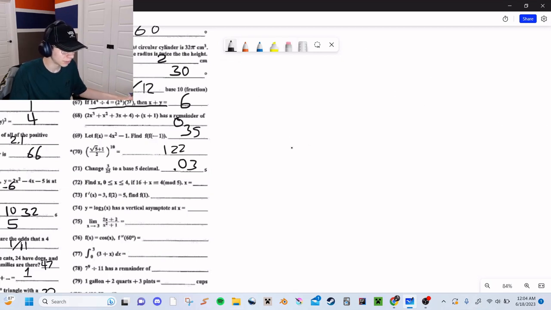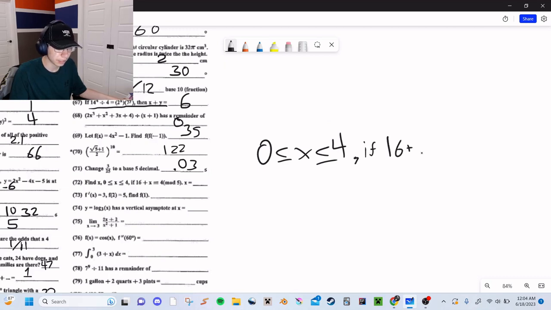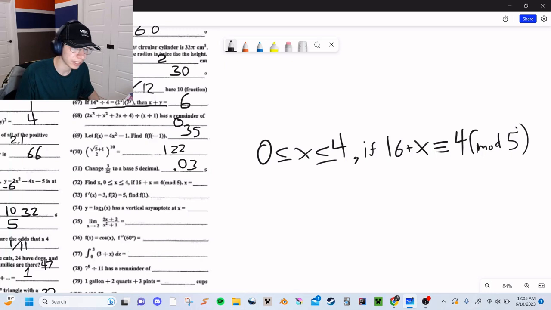Okay, 72. So find x if x is in between 0 and 4 inclusive, if 16 plus x, these are 3 lines here, meaning 16 plus x has a remainder of 4 mod 5. Okay, so let's clarify some terms right here.